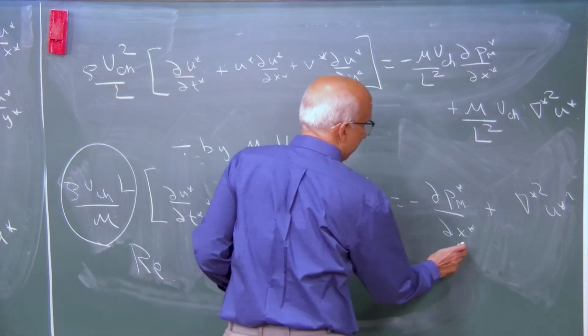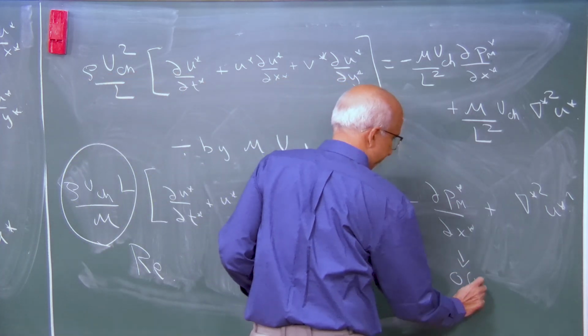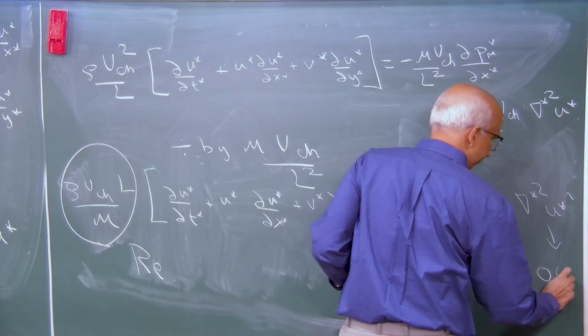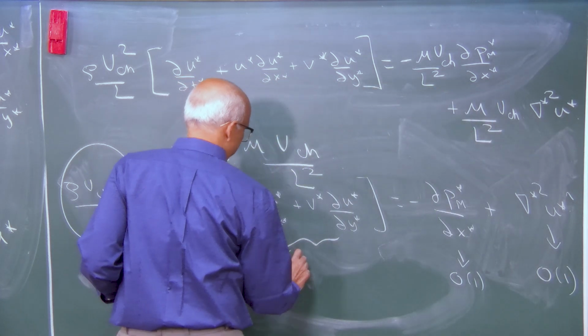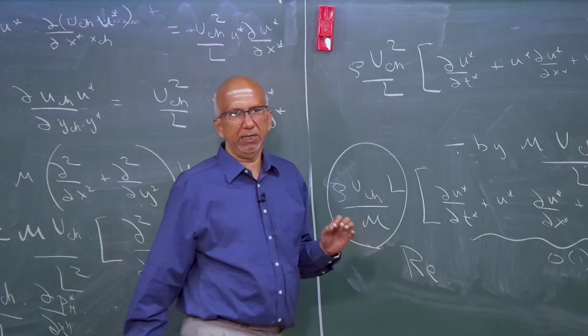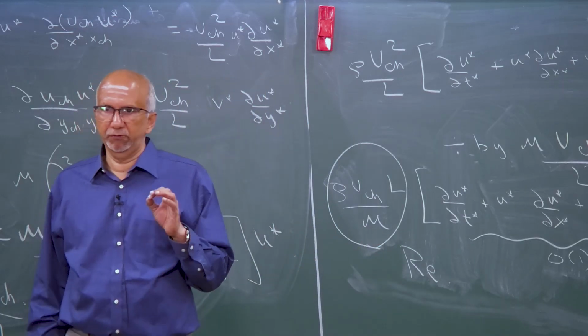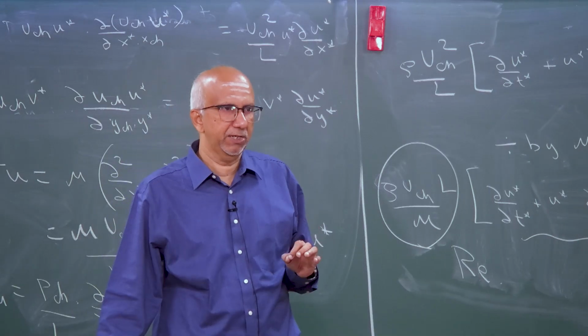These terms are of order 1, and all these terms are of order 1. This is basically what we have to ensure when we make our equations dimensionless.